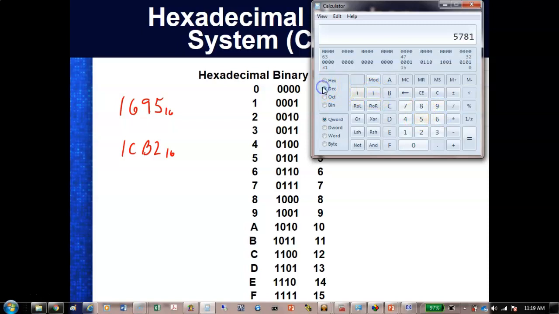This is what that would represent in decimal. So you can see right off the bat, hexadecimal is more efficient than decimal. By efficiency, we mean the number is smaller than its equivalent. So 1695 would represent that number in decimal.